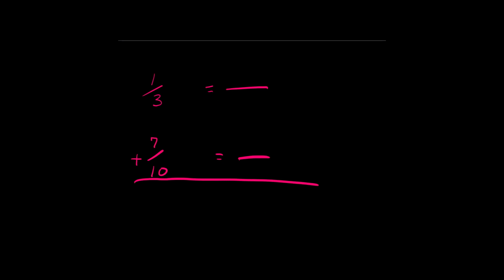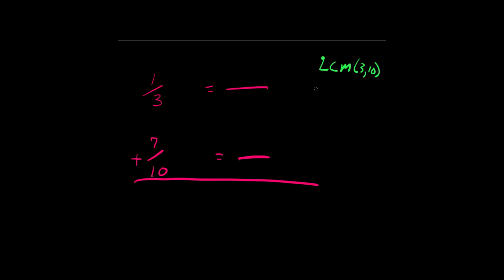All right, so our final problem that we're going to do together today is 1/3 plus 7/10. Okay, we're going to find the least common multiple of 3 and 10, in case you want to go back and look at the notes we're taking here to see what to do.